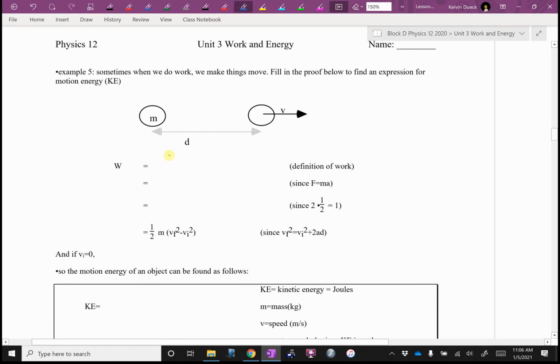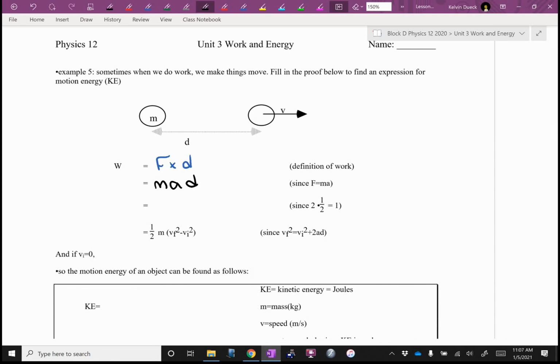Good. We're going to start there. And then we're going to say, F equals what? So I can write this as MAD. And then I'm going to do something just a little bit weird.